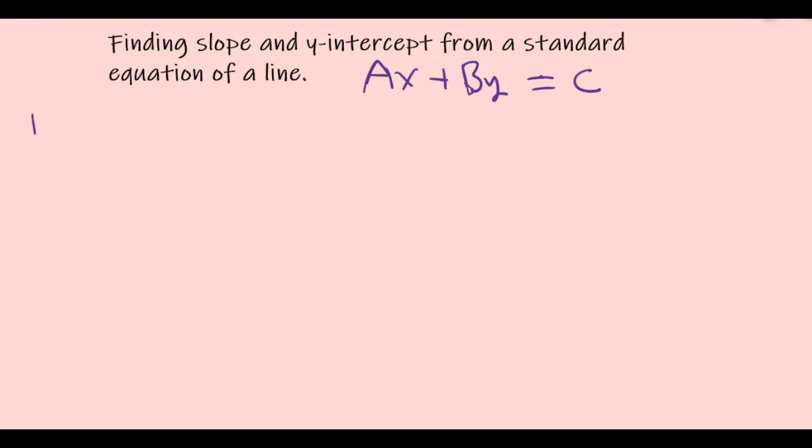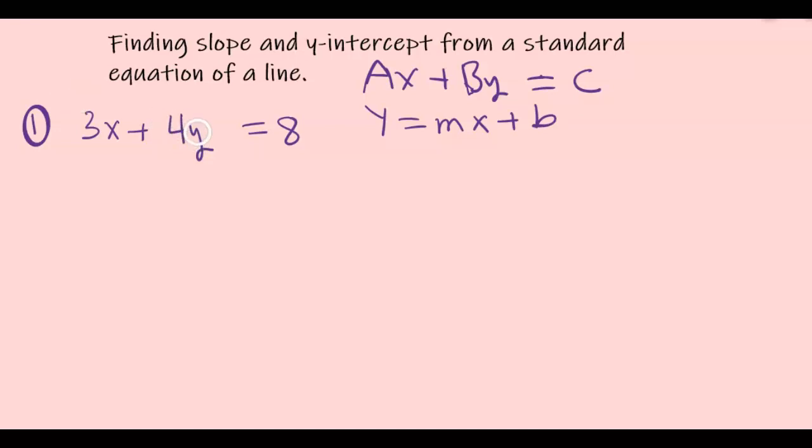Example 1. If we have been given 3x plus 4y equals 8, and we want to find the slope and the y-intercept, what we have to do is rearrange this given equation to look like y equals mx plus b.